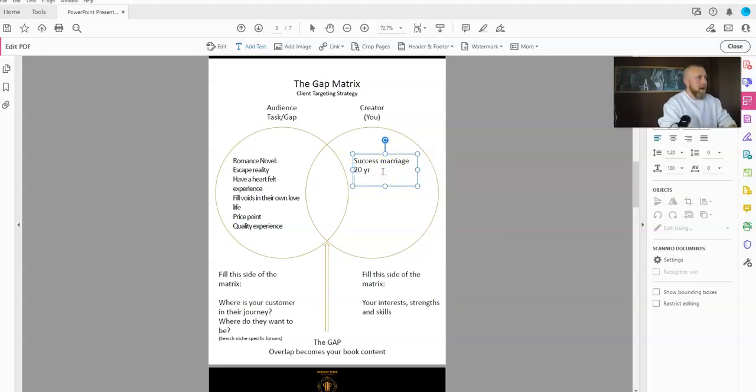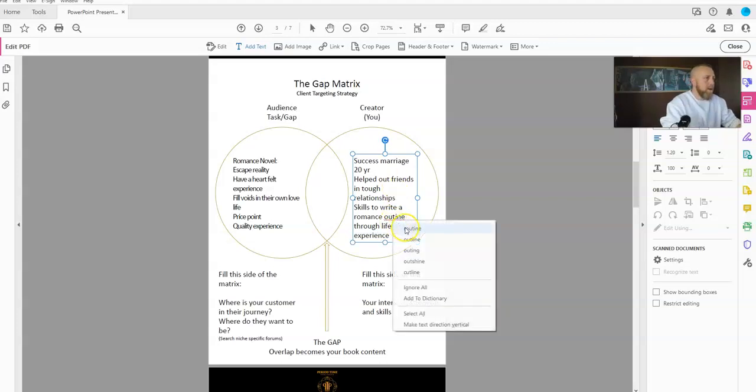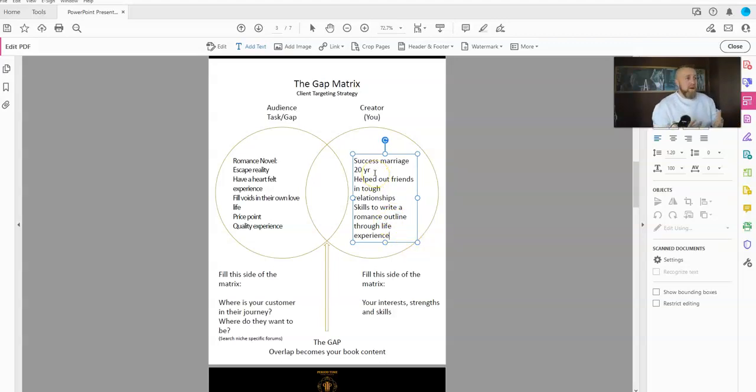You might say that you have, okay, so you might have a successful marriage of your own for the past 20 years. You may have helped out friends through tough times.